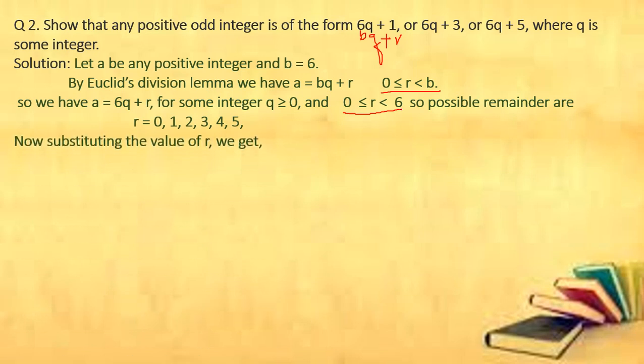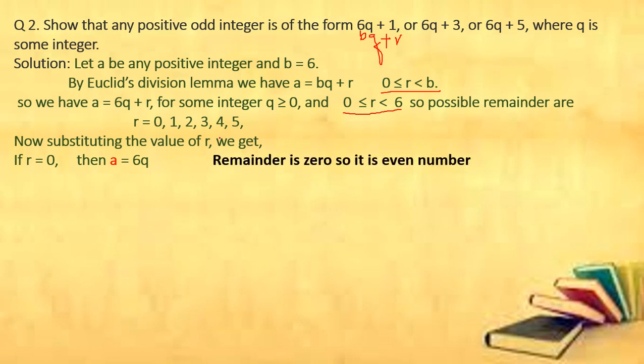Now one by one, when we put the values of r as 0, 1, 2, 3, 4 and 5, we get some formations of the positive number a. If r is equal to 0, then a equals 6q plus 0, that is 6q, which is an even number.